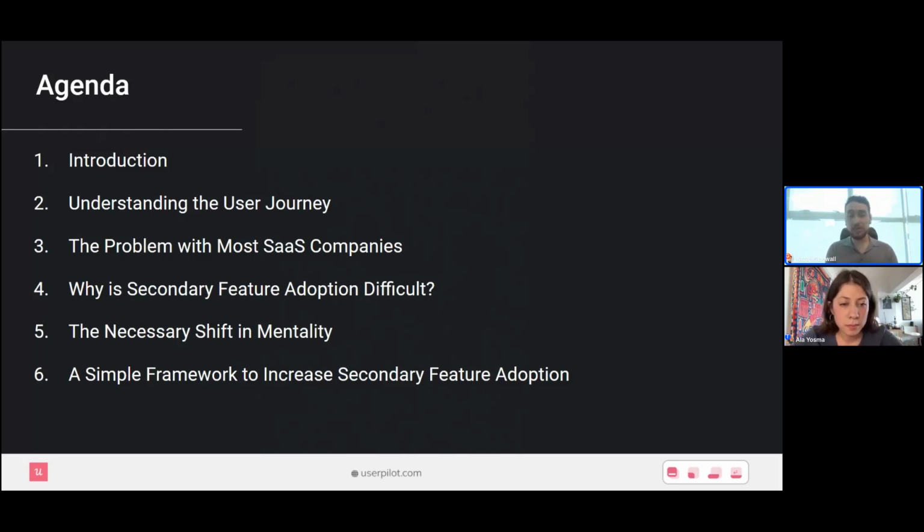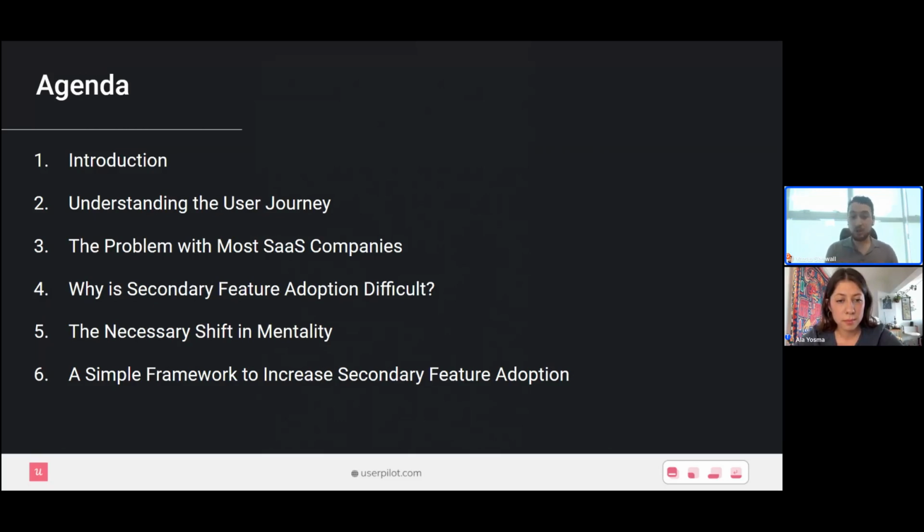And then we're going to talk about the biggest problems that SaaS companies have, which again centered around focusing too much on producing new features, not enough on the adoption of existing features. Most of the focus is happening on the user onboarding side, and then that's it.